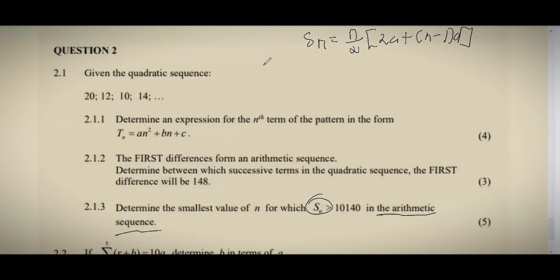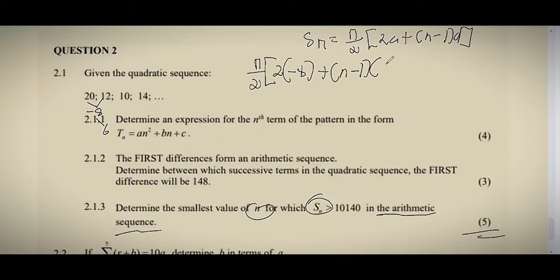We are looking for n, remember? So that's 5 marks. So n over 2, and then our a value, remember when we said 12 minus 20, we got negative 8. So that's our a in the arithmetic sequence. So negative 8 plus n minus 1, and then d, remember we had 6 here.